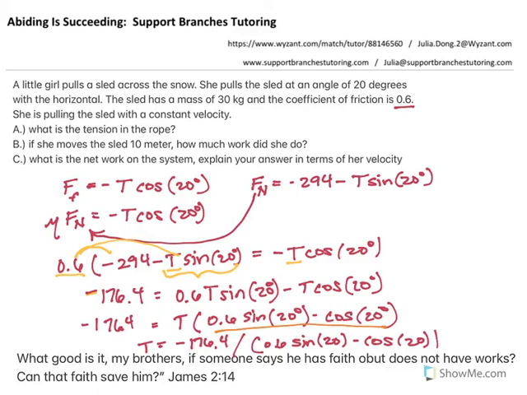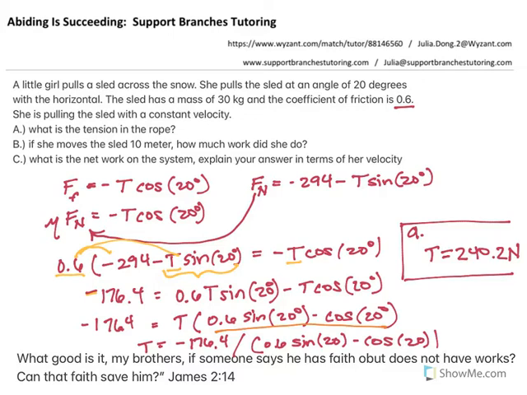So negative 176.4 divided by, and I put parentheses around this bottom denominator, 0.6 sine of 20 minus cosine of 20 degrees, and I got a tension equals 240.2 newtons. And that is our answer for part A. That is the tension in the rope from the little girl that's pulling the sled.